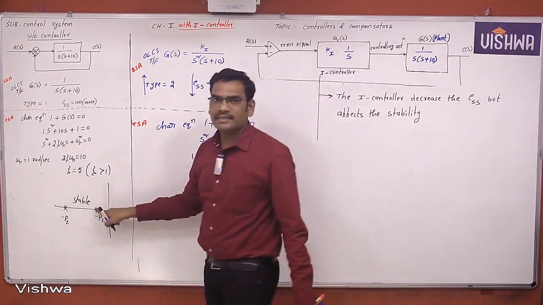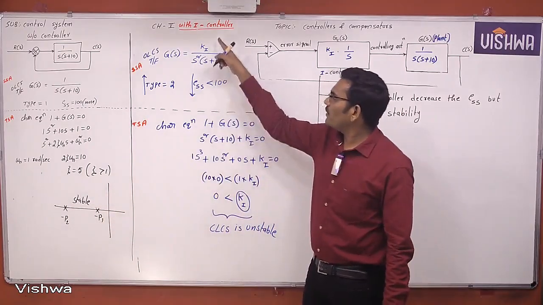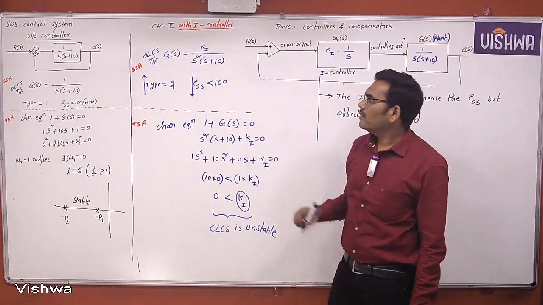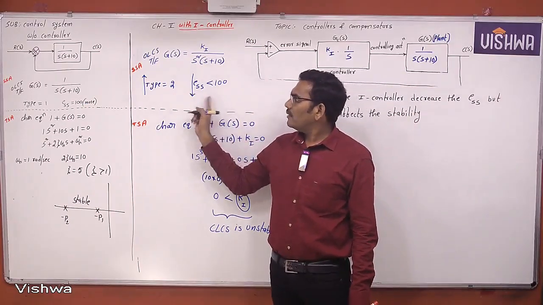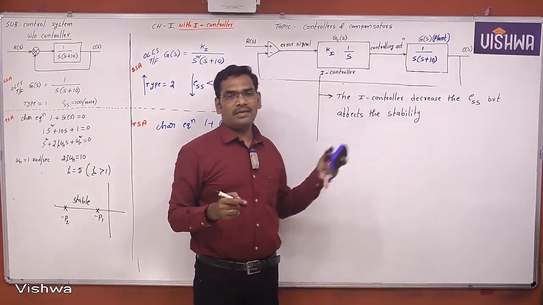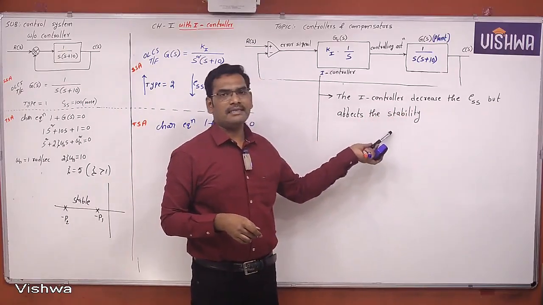Previously the system is stable without the controller. But with the I controller, the stable system will become unstable. So the integral controller will decrease the steady state error, but it will affect the stability of the original system. Here is the advantage and here is the disadvantage.